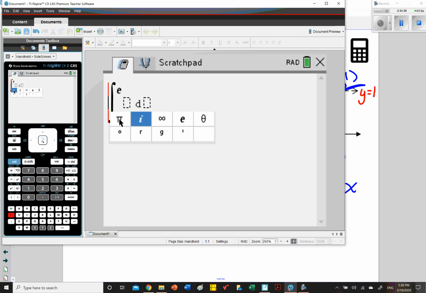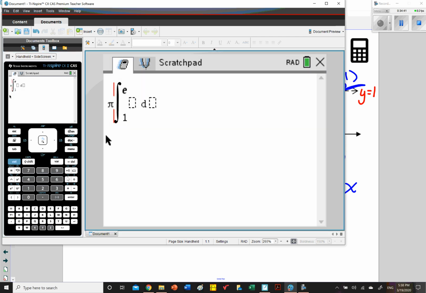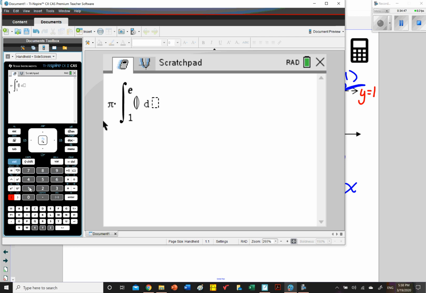Pi times, and then what's our value? 1 minus natural log of x. 1 minus natural log x quantity squared in terms of x.